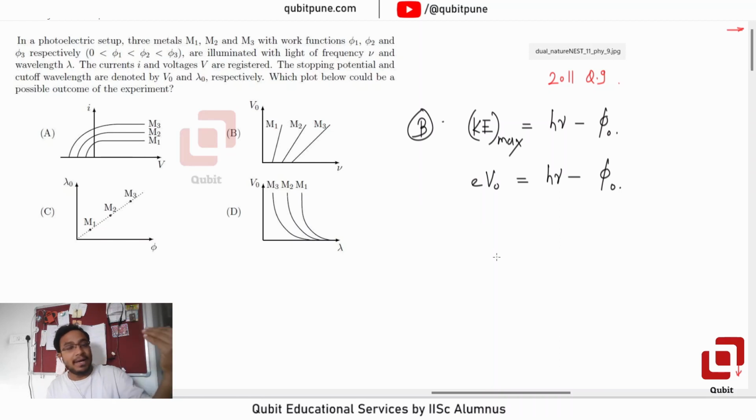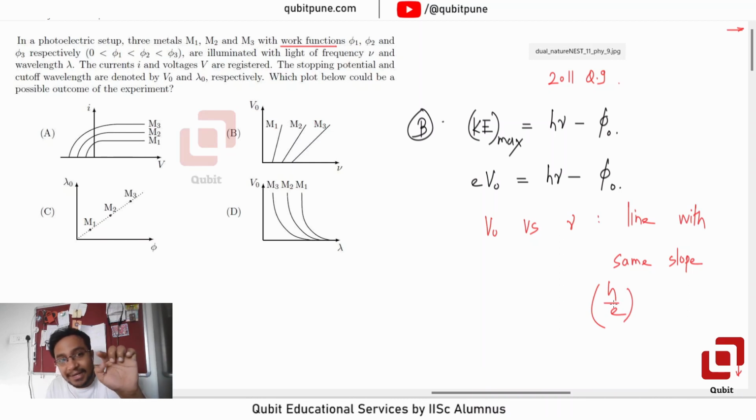Because no matter what the work function phi naught is, the plot of V naught versus nu is going to be a line with the same slope. That slope is going to be h upon e.